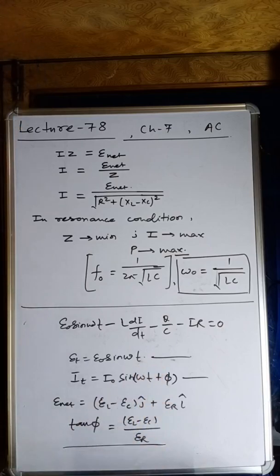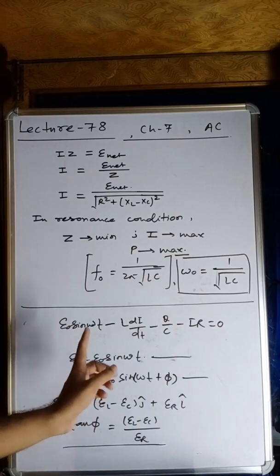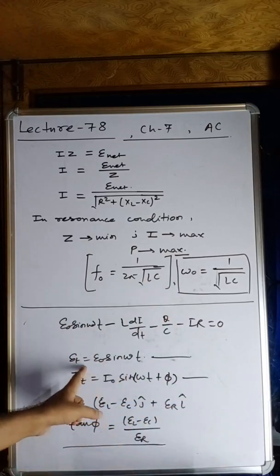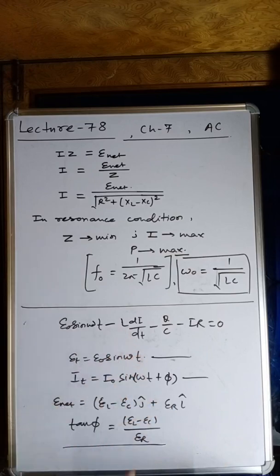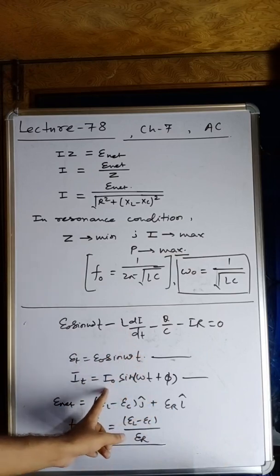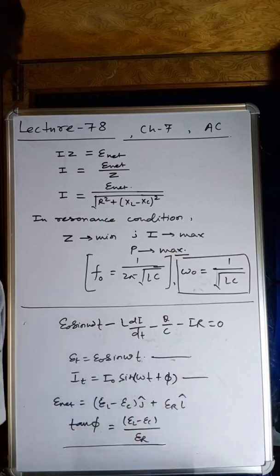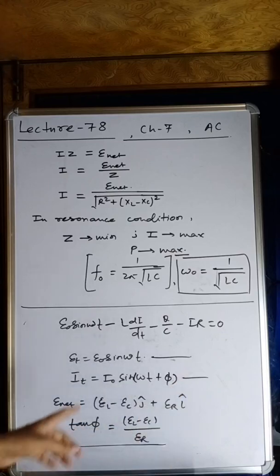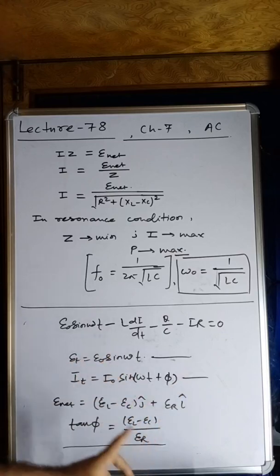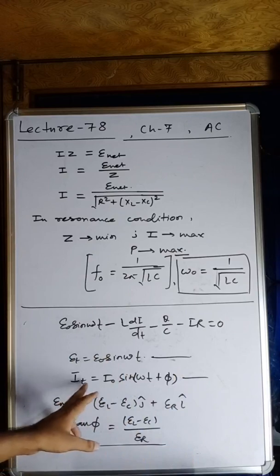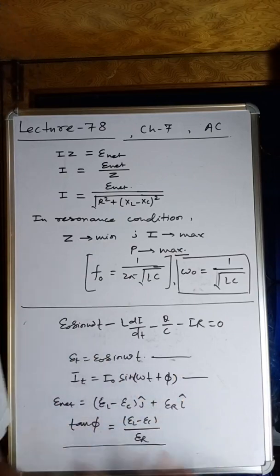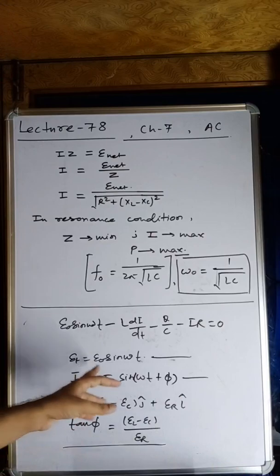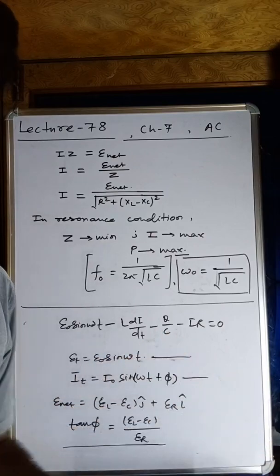So finally we have the two, input and output, as the voltage and current. Remember, for the LCR series circuit, with voltage supply E0 sin omega t, the current will be I0 sin (omega t plus phi). If you represent the current by I0 sin omega t, then you have to represent E as E0 sin (omega t plus phi).